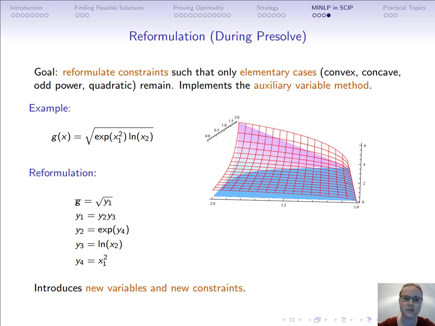Then we write g is equal to square root of something and introduce a new variable for this expression under the root. Then we look further. Can we handle a product? Yes, we can. Then it is another constraint, and so on. And so we can reformulate this ugly and terrifying constraint as several constraints, each of which can be handled directly.